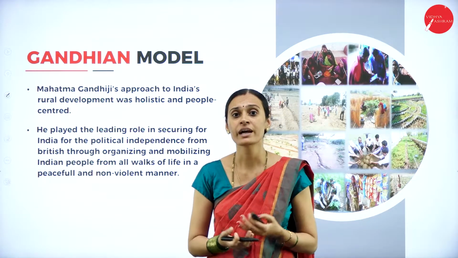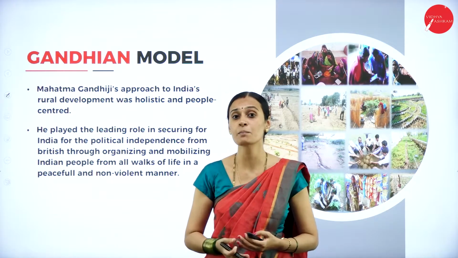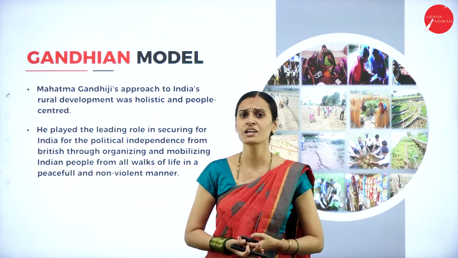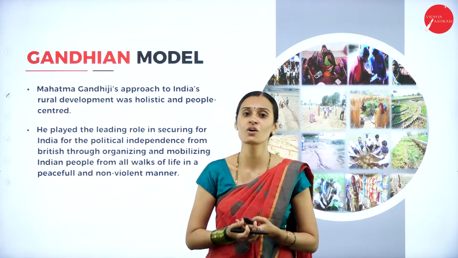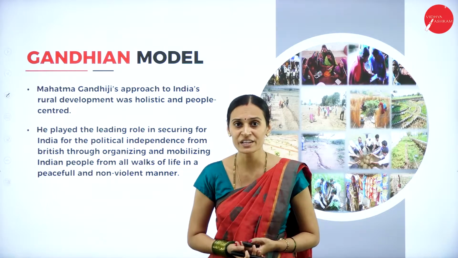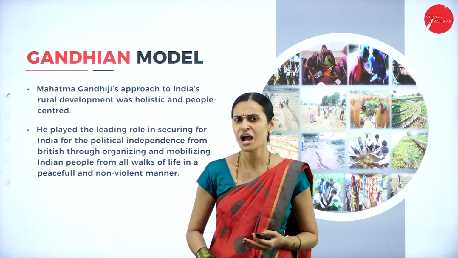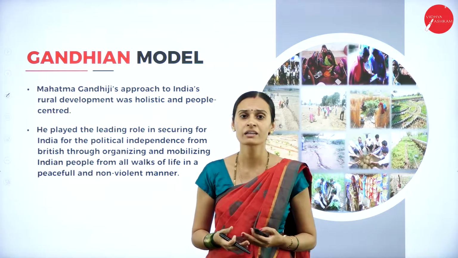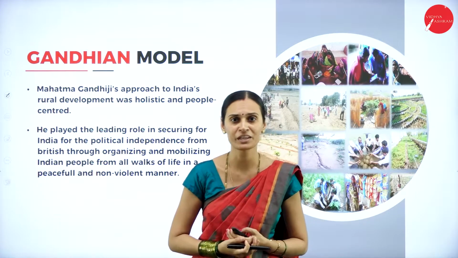The rural and agriculture sectors are considered the backbone of our country, and he knew the real situation of our country. That is why he focused on rural sector development, and he purely believed in truth, non-violence, and the goodness of human beings.